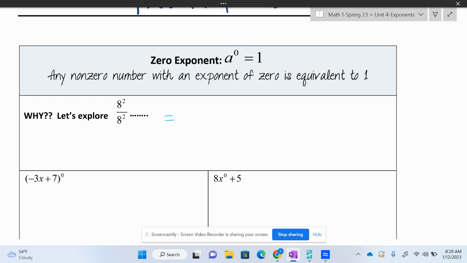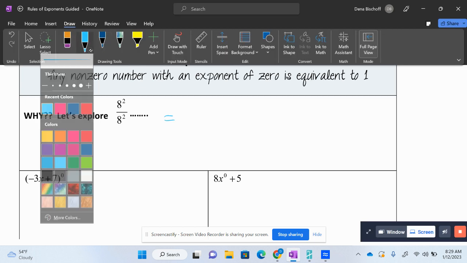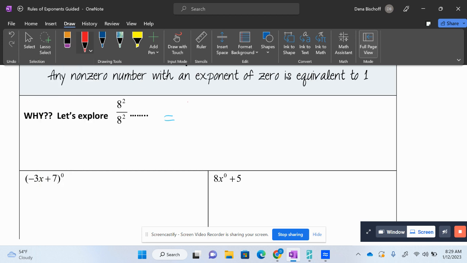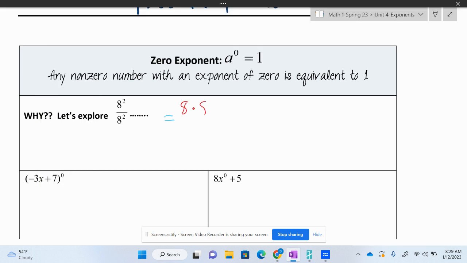If I were to expand this like we've been doing, this is 8 times 8 over 8 times 8, which is the same thing as 64 over 64, and 64 divided by 64, that's what a fraction means, divide, right? 64 divided by 64 is 1.